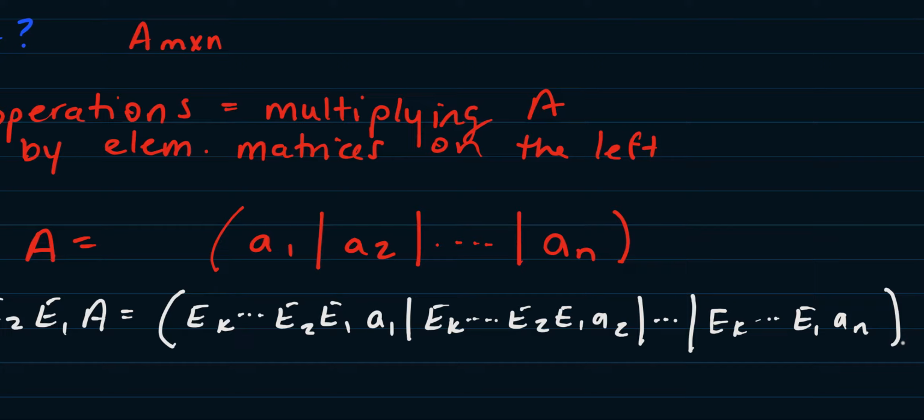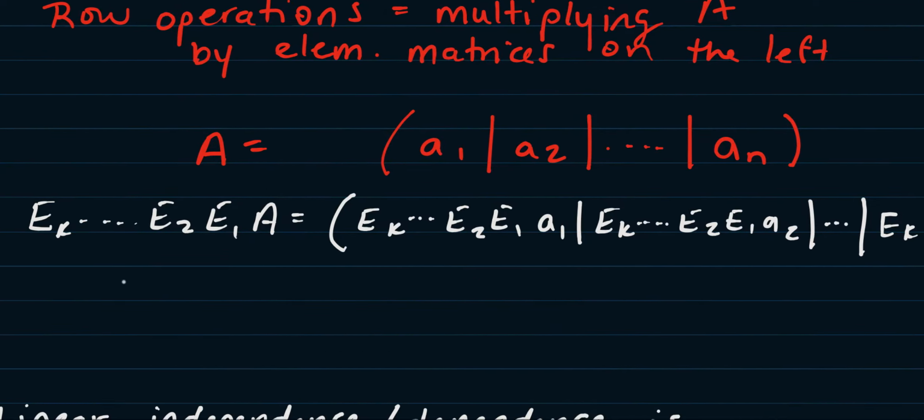But when we multiply by a matrix, we're actually changing this column space.